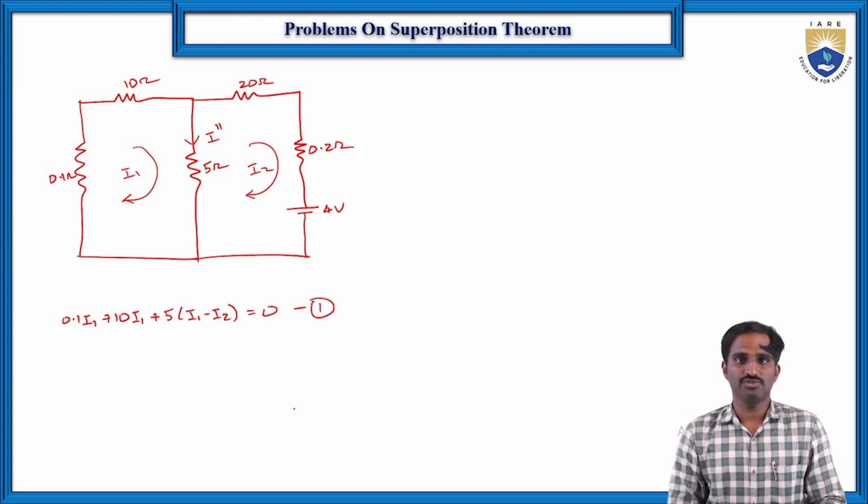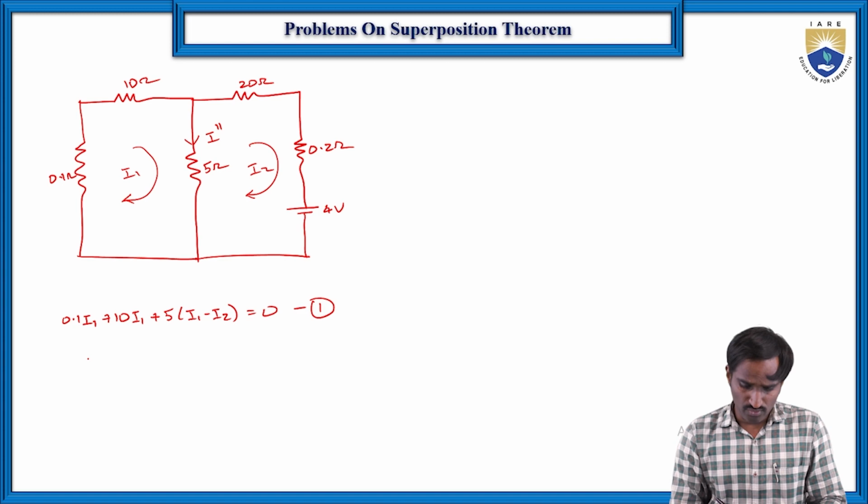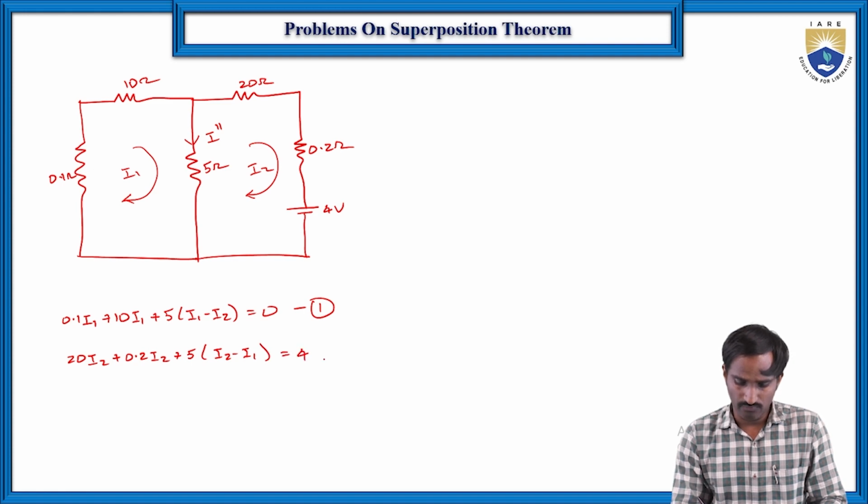Let us consider this as equation number 1. Then equation number 2: 20 I2 plus 0.2 I2 plus 5 into I2 minus I1 is equal to 4.